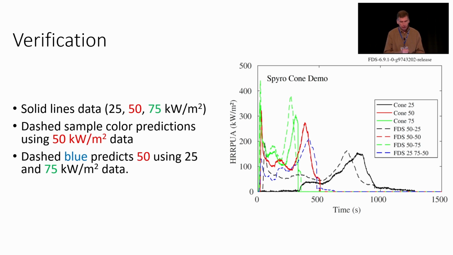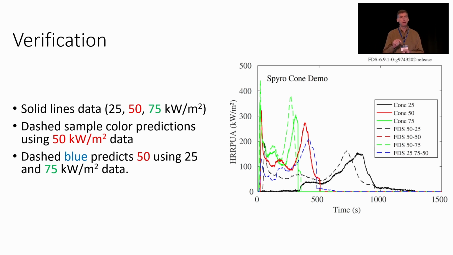So you can see here that here's some cone data done at 25, 50, and 75, shown by the solid green, red, and black lines. And so what they'll do is they'll say, okay, suppose I only had the 50 kilowatt per meter squared data.